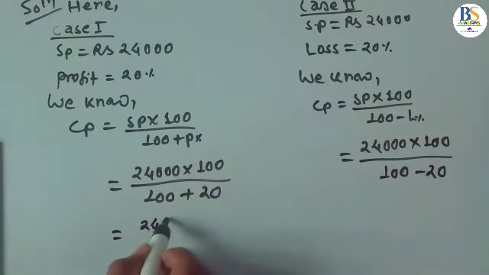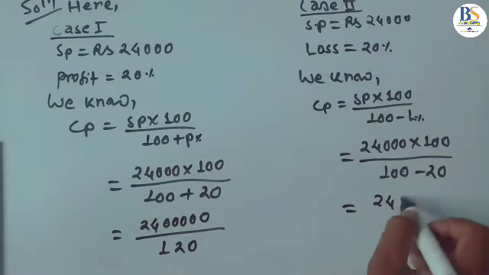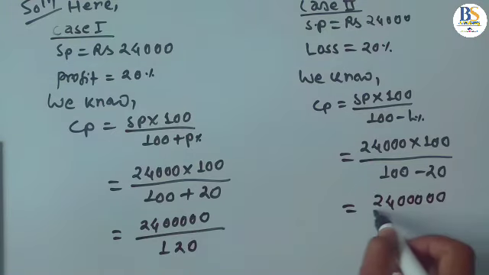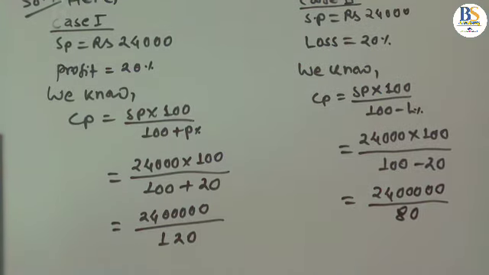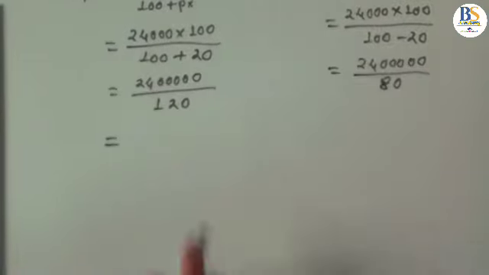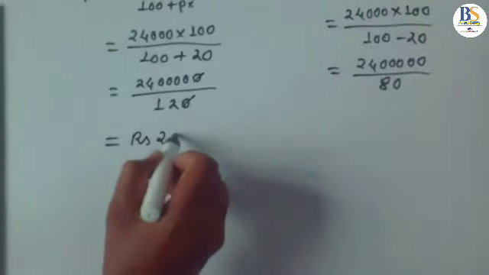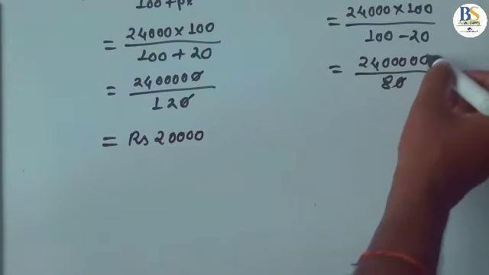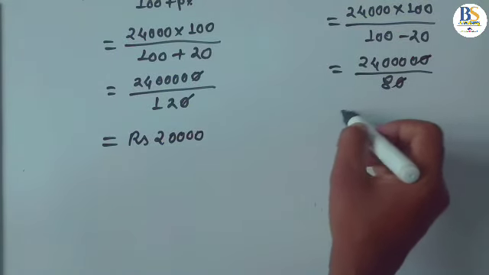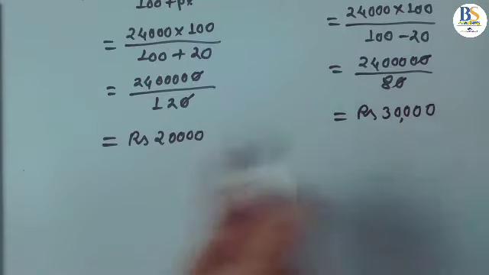Then this is 24,000,000 upon 120 and 24,000,000 upon 80. Cancelling zeros, 12 2s are 24, this is 20,000, and 8 3s are 24, this is 30,000.